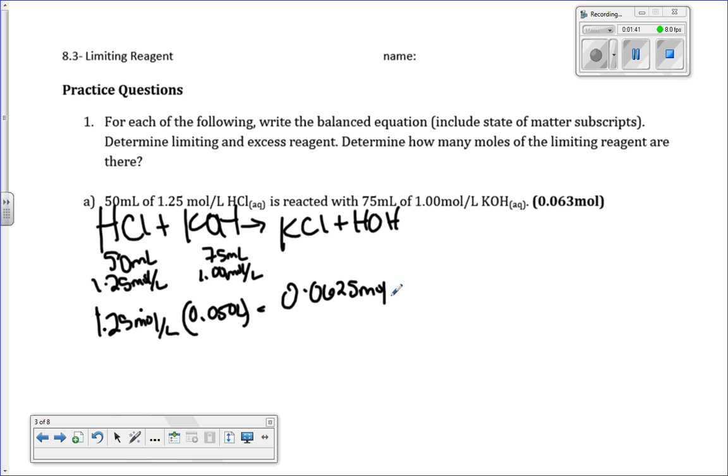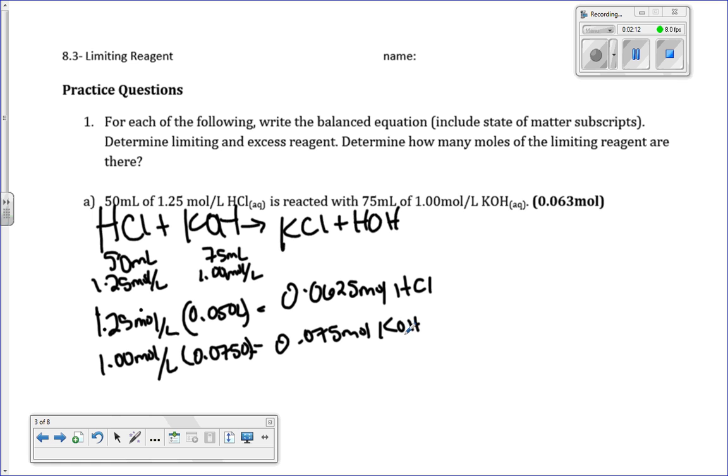And we end up with 0.0625 moles of HCl. And we end up with 0.075 moles of potassium hydroxide.